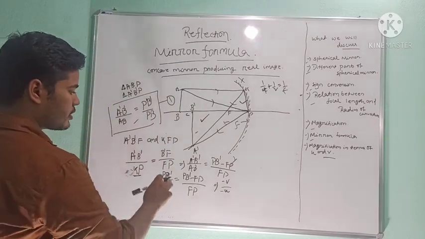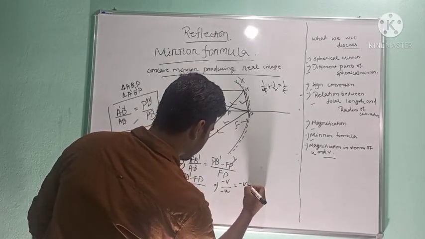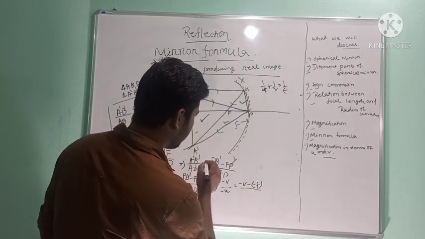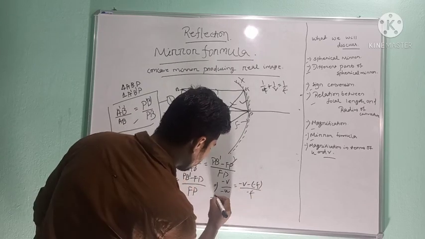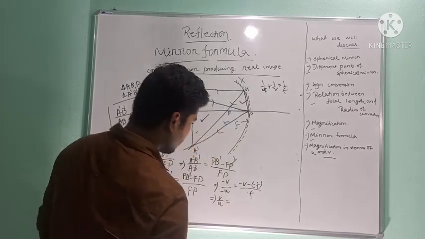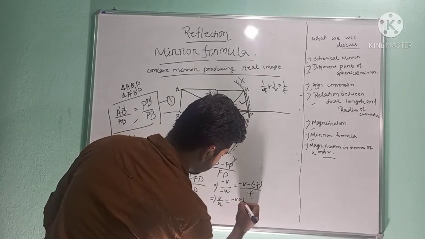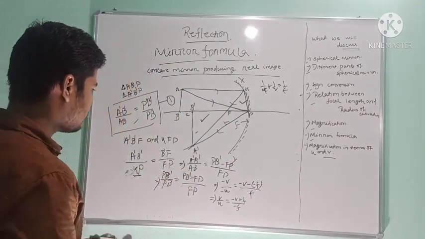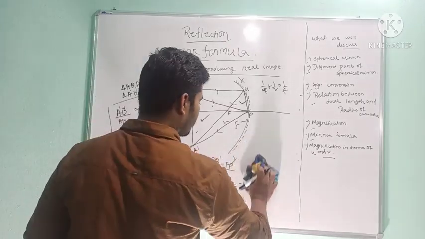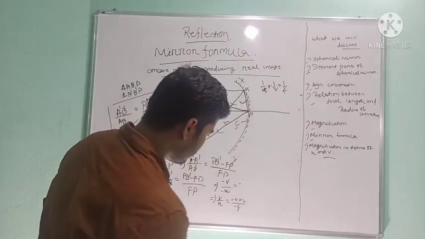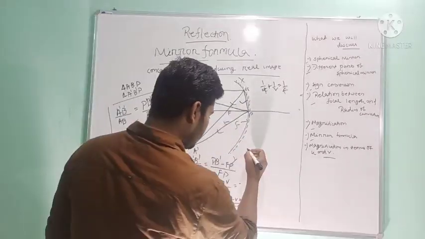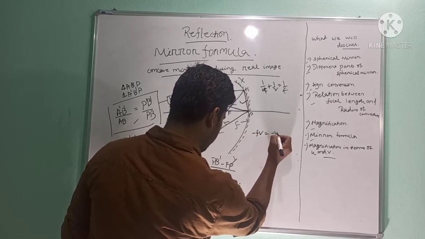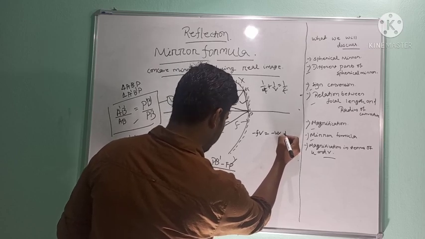Next, PB dash minus FP: PB dash is minus V, and FP is also minus, so minus F. So V by U is equal to minus V plus F by minus F. What we will do next is cross multiply, so this will be minus FV is equal to minus UV plus UF.